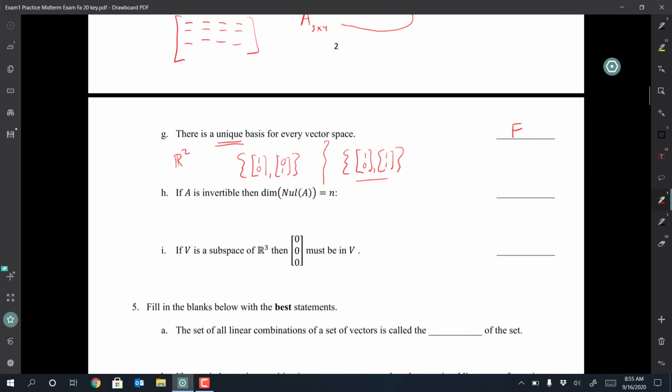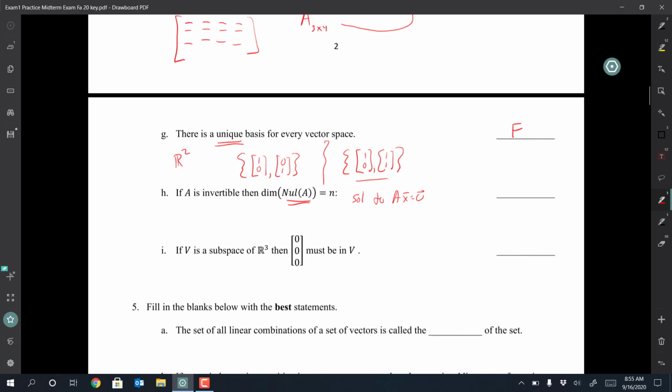Next, if A is invertible, then the dimension of the null space is equal to n. Right? So here we want to think about the different definitions of these little pieces. The null space are the solutions to Ax equals 0.